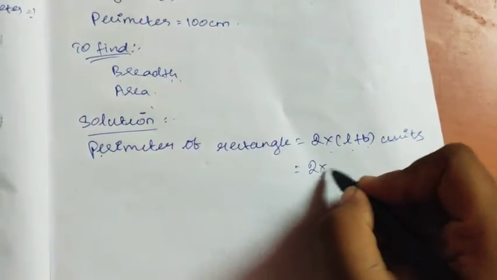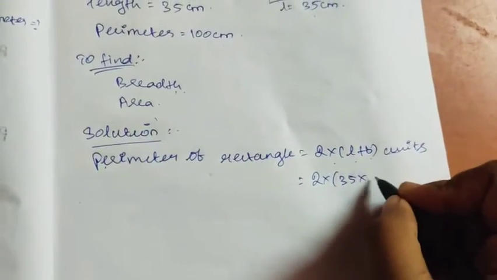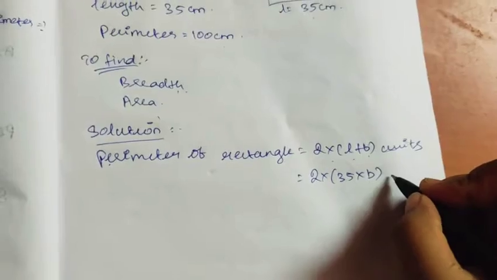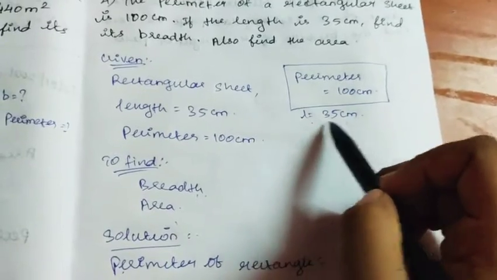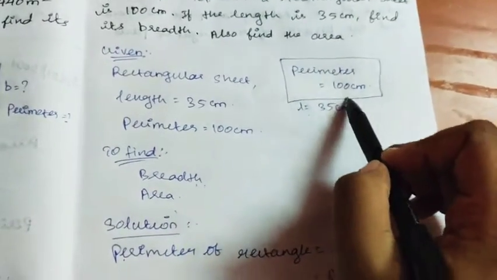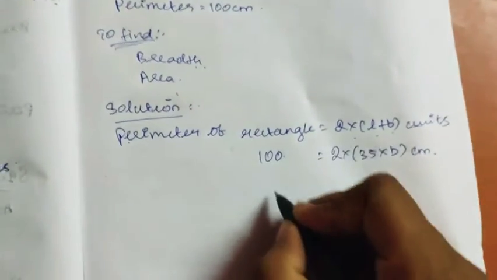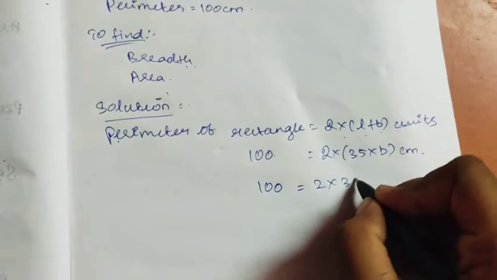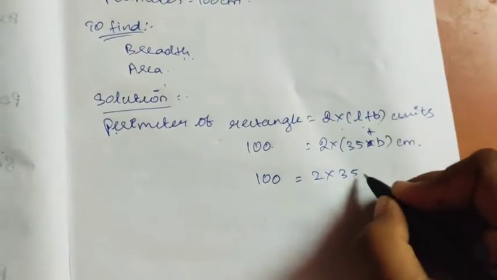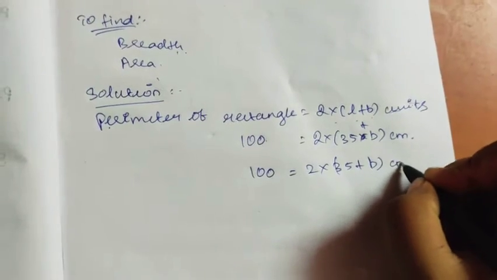So 2 into length, which is 35. We don't know the breadth, so we write it as B centimeter. What is the perimeter? Here we have length as 35 centimeter and perimeter as 100 centimeter. Substitute in this formula. So 100 equals 2 into (35 plus B) centimeter.